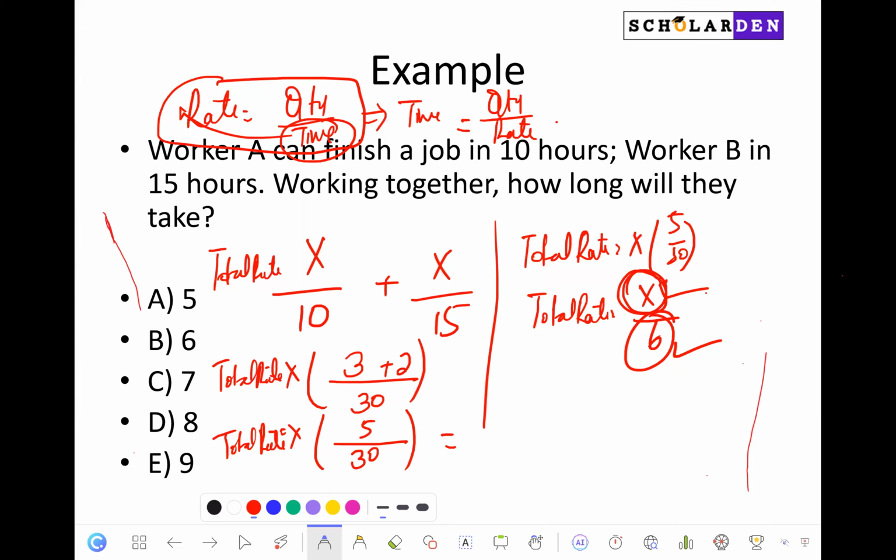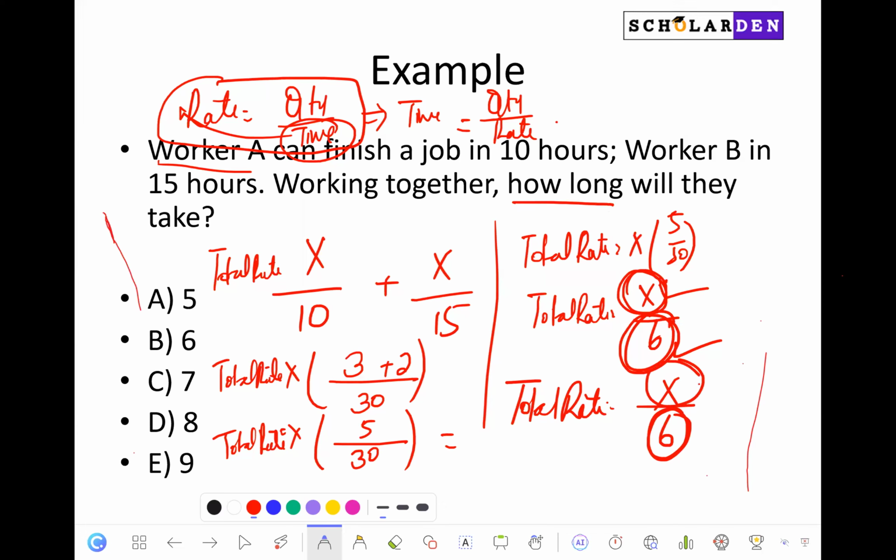So this remains X. The denominator is the total time it takes if workers A and B were working together. When I've added these rates, the total rate is the total quantity, which is X, over the total time it is going to take. This quantity is my answer, because I was supposed to find out how long.